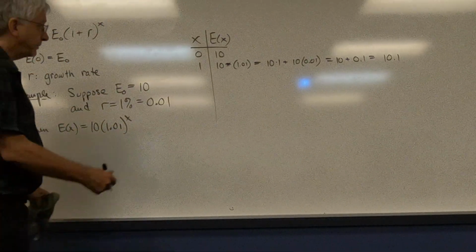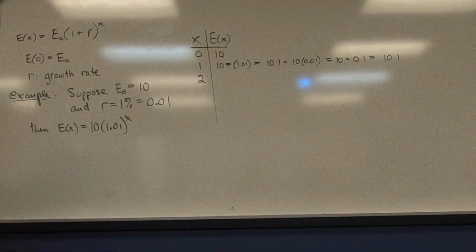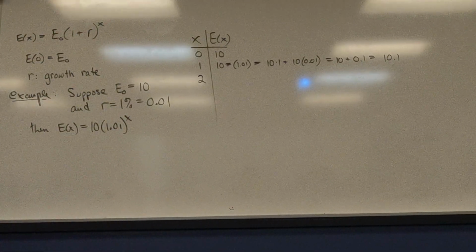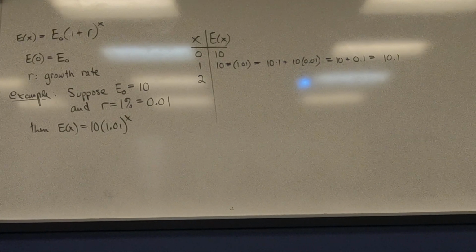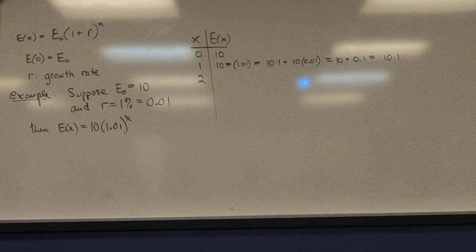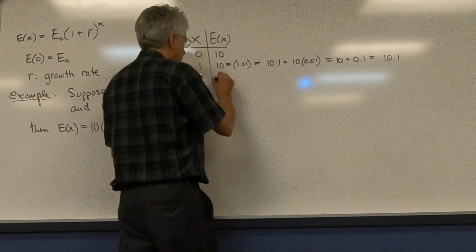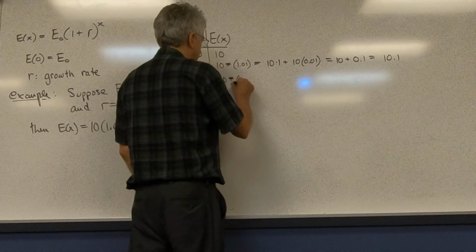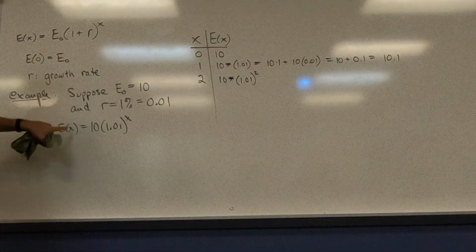After 2 units of time, there are a couple of different ways you can think about this. You can think about it as, the value after 1 unit of time has increased by 1%. And in that case, let's write it this way.